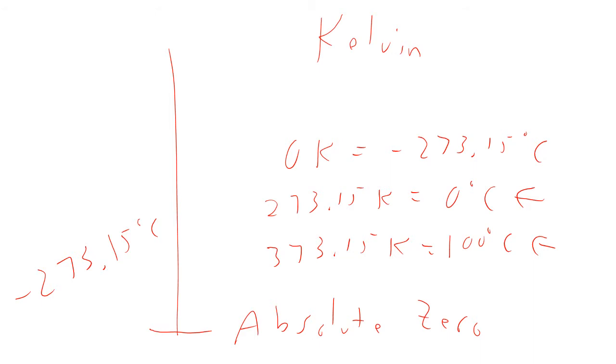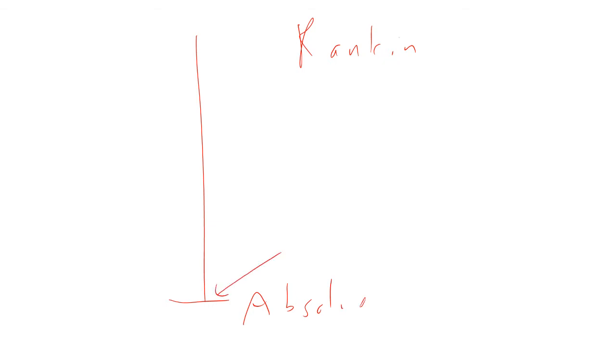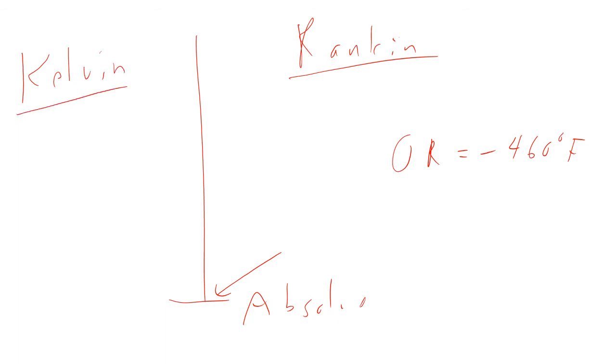There's another scale called the Rankine scale, which also has absolute 0 on it. 0 Rankine is minus 460 degrees Fahrenheit. The big difference between the Rankine scale and the Kelvin scale is in the size of the degrees, though both have 0 at absolute 0.